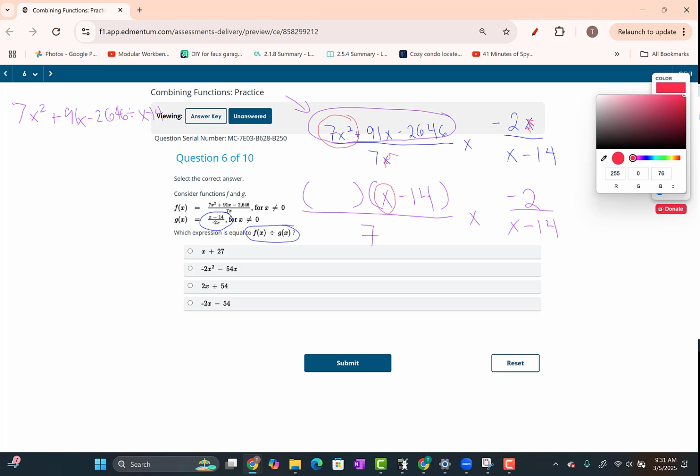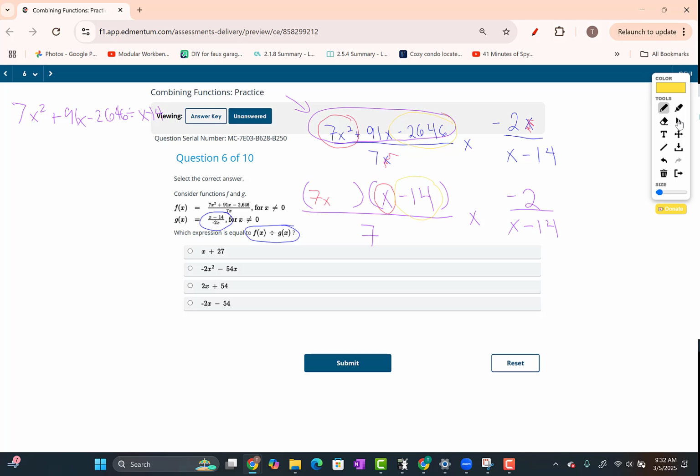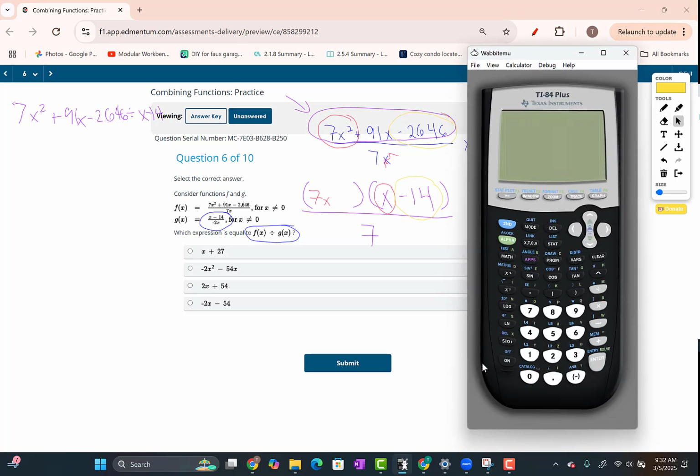There's only one thing times 1x that gives us 7x squared, and that's 7x. And then we know that something times negative 14 gives us negative 2,646. Now that I can't do in my head, so we want the calculator, and we are going to use division.